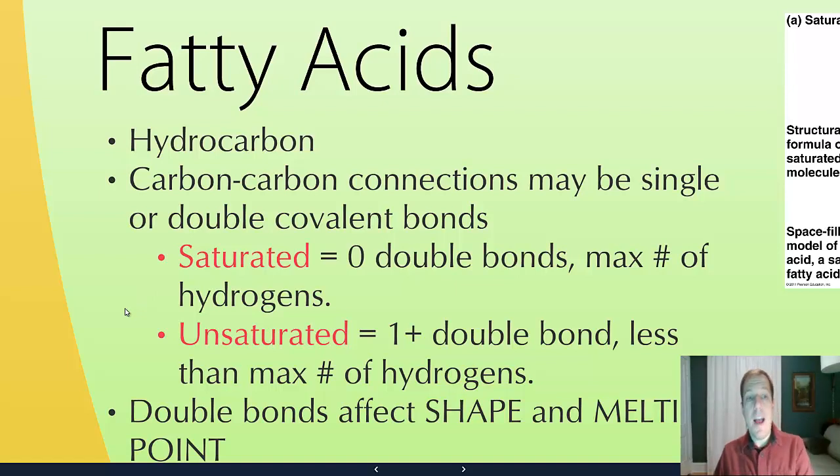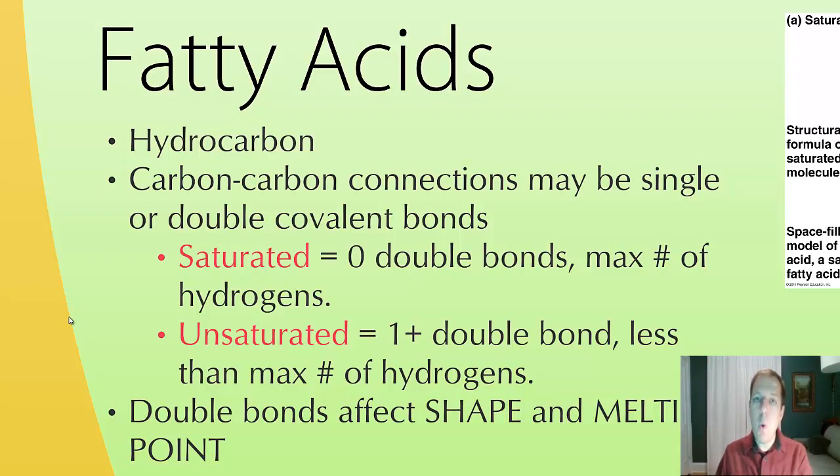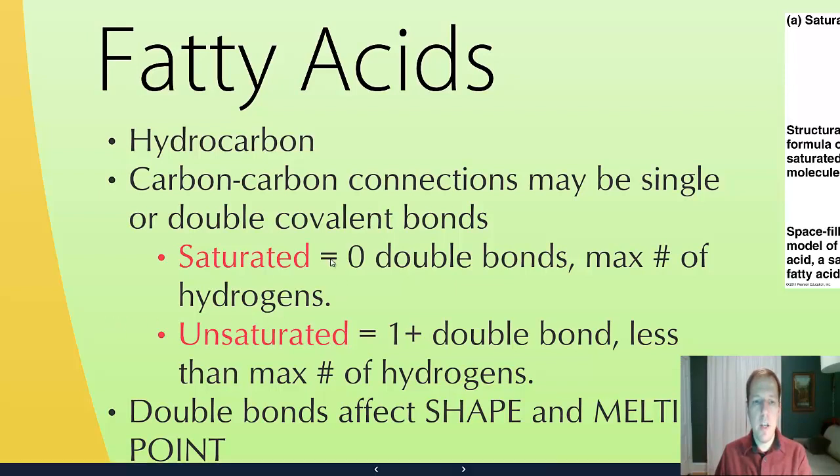The fatty acids themselves are hydrocarbons. Those hydrocarbons could be made up of single or double covalent bonds. And the composition of single and double bonds is an important way that we can distinguish different types of fatty acids from each other. We classify those fatty acids with no double bonds as saturated fats. They're called saturated because they have the maximum number of hydrogens.